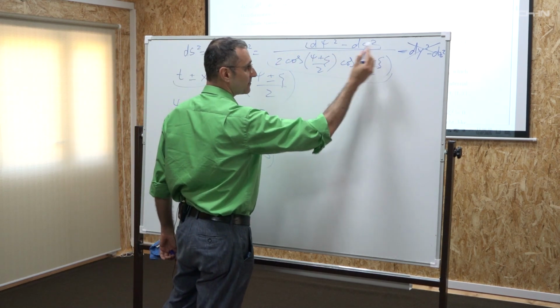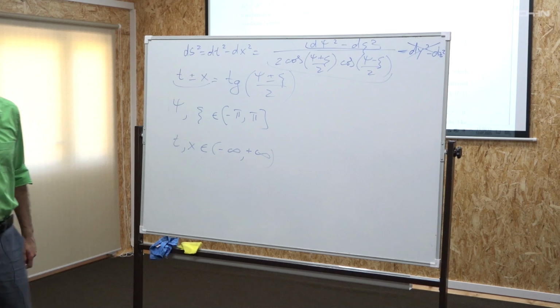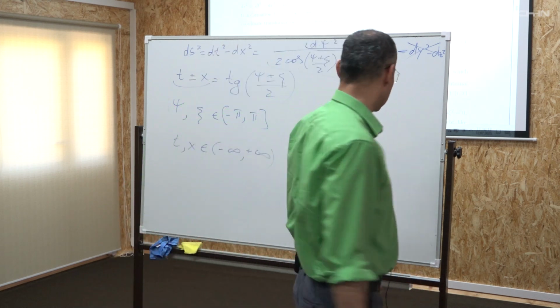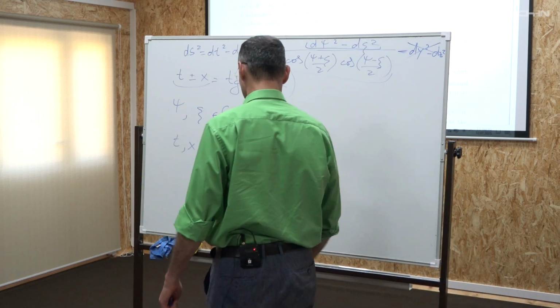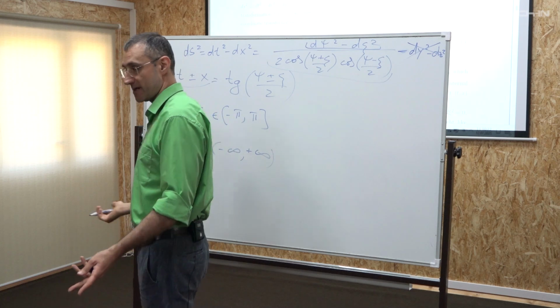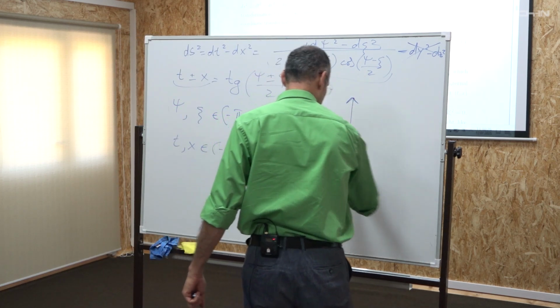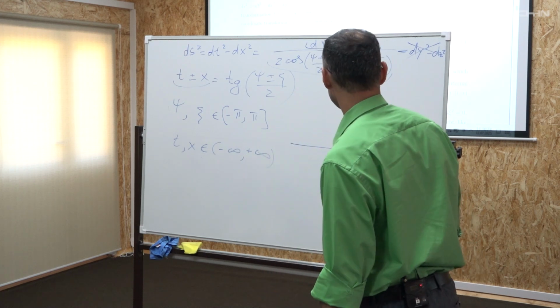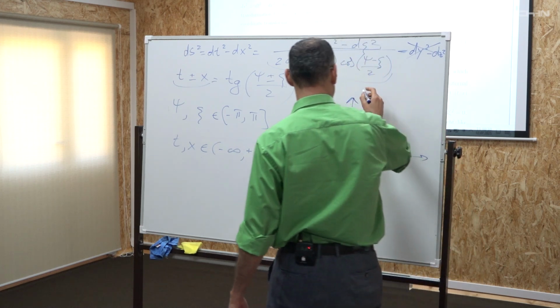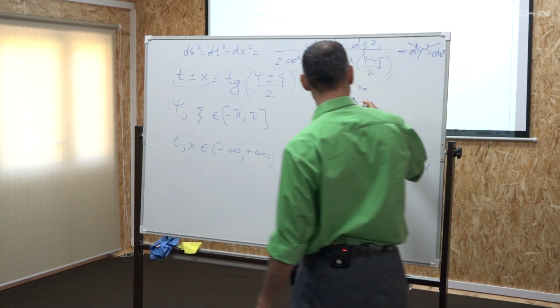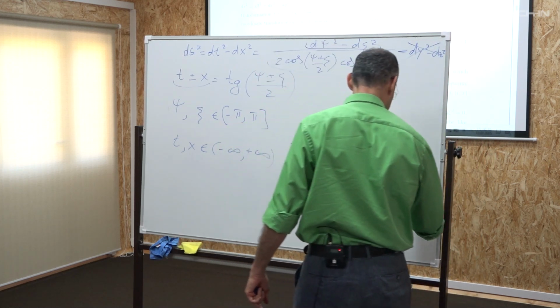Meanwhile, this space is compact. If I drop the conformal factor, I make a conformal transformation. Let me just stress it a bit more. Originally I had this space, and now I transform it to psi and xi space.